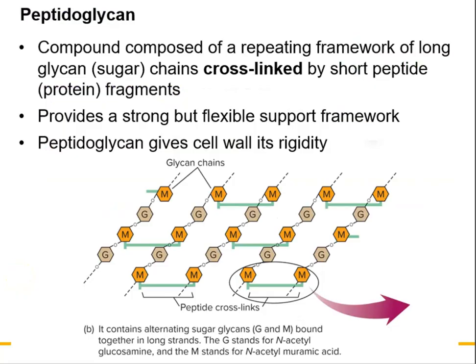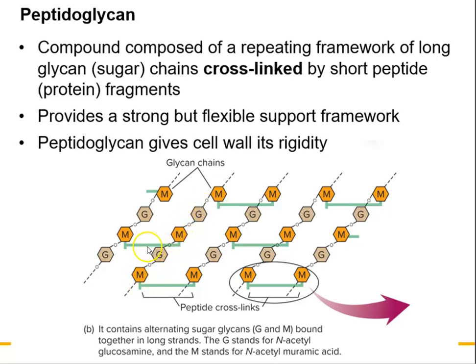So what is the cell wall in bacteria made out of? It's made out of this compound called peptidoglycan. It's a repeating framework of long sugar chains that are cross-linked by short protein fragments. And you can see right here, here's a sugar chain. Here's another sugar chain.